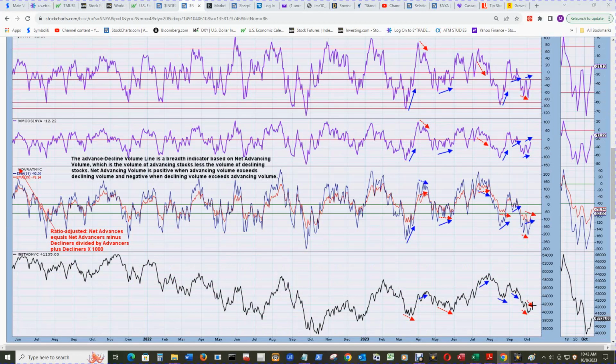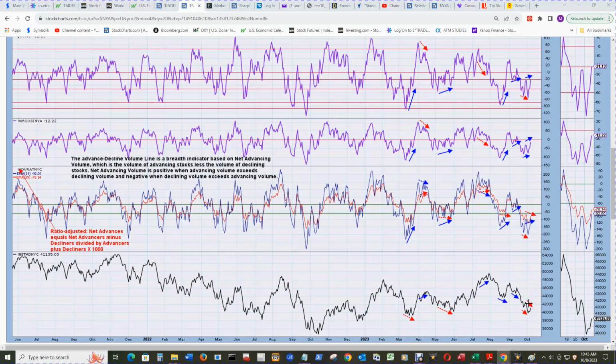And then on this final one, the breadth and volume oscillators were winning out, but notice I have them up in the bearish divergence area, and the AD line stocks only is up in the bearish divergence area.